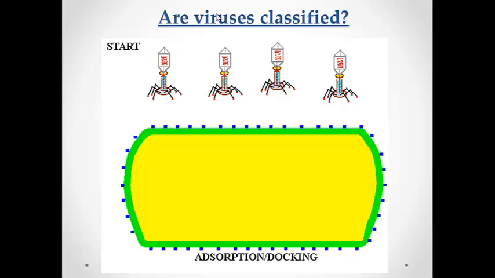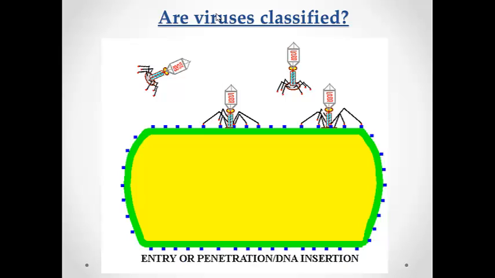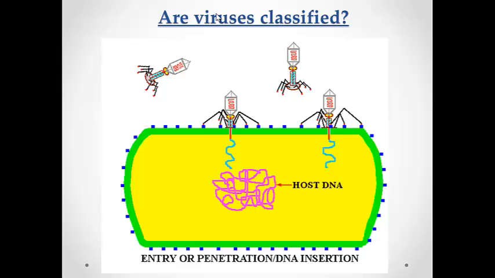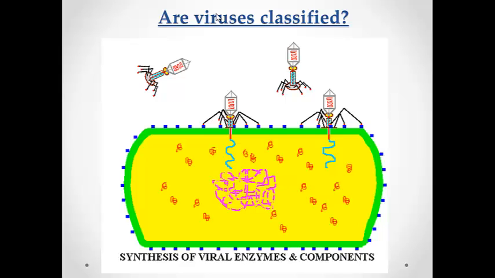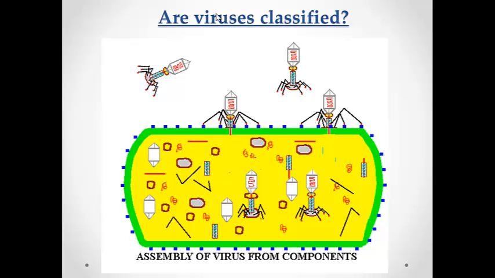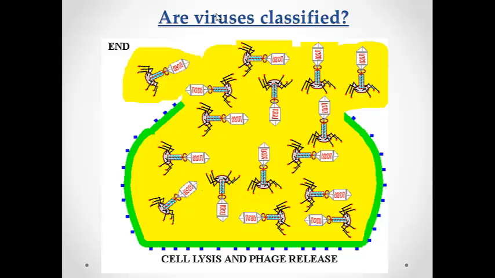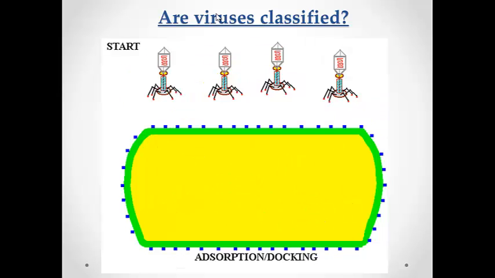All right, and this is just addressing viruses, wondering if viruses are living or not. You have viruses, those T phages right there. They come down, they find a host cell, they dock and latch on, they insert their DNA, then their DNA forms, and then it reproduces, and you have several different viruses all in the cell.